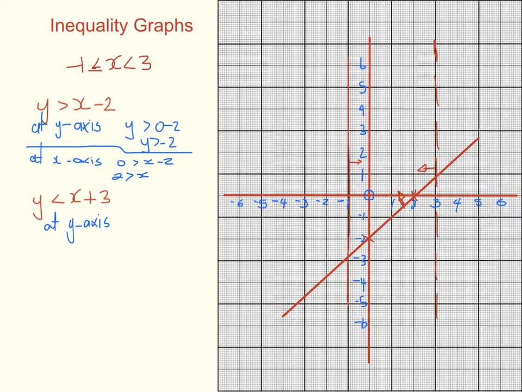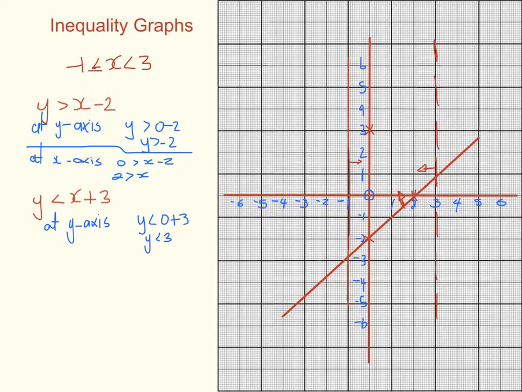So we'll end up then with y is less than 0 plus 3. So y is less than 3. So we now know that it crosses right here at 3 on the y-axis, because it says y is less than 3. So we're going to go and put a mark at that point.